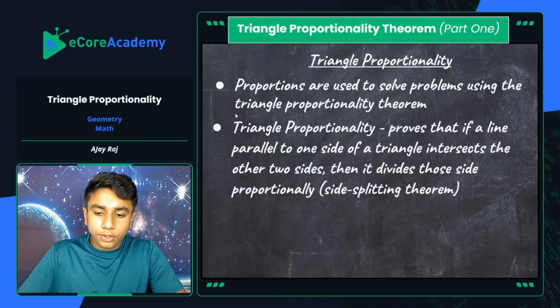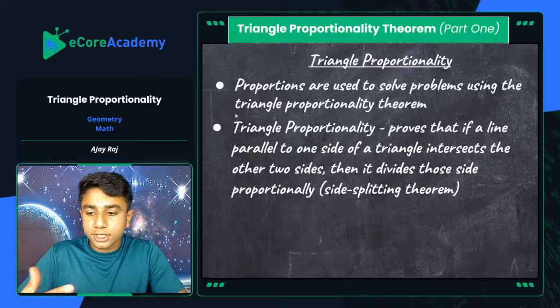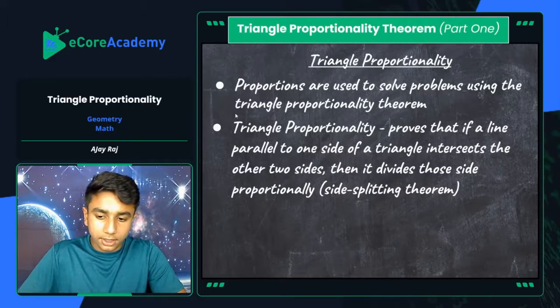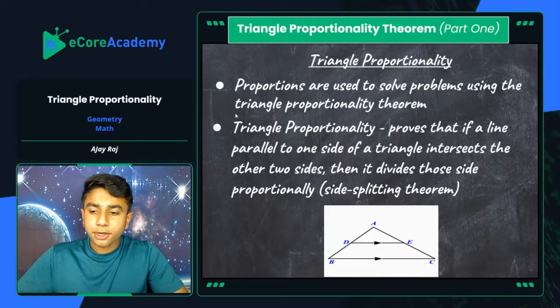The triangle proportionality theorem proves that if a line parallel to one side of a triangle intersects the other two sides, then it divides those sides proportionally. So the triangle proportionality theorem is representing some form of proportionality, and in doing so, you're developing a triangle midsegment here.